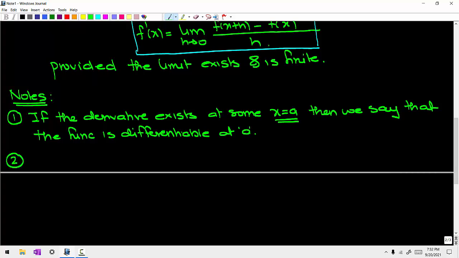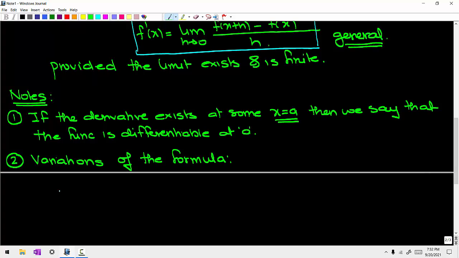Two. There are some variations of that formula. Sometimes you'll see variations of the formula. To me, this is a more general formula. It works for any x, but sometimes you'll see formulas like this. There are two options.